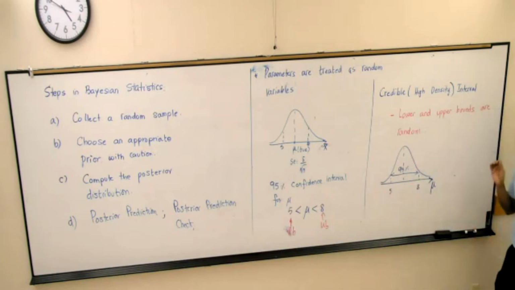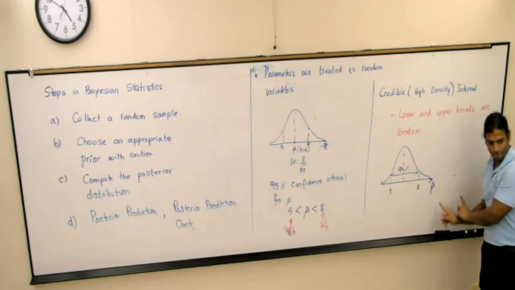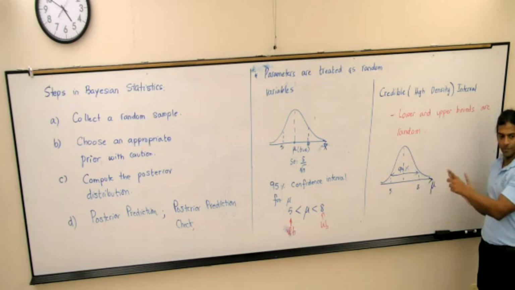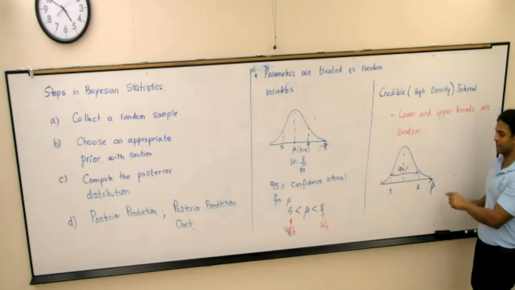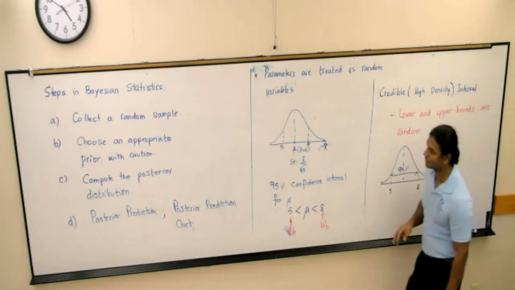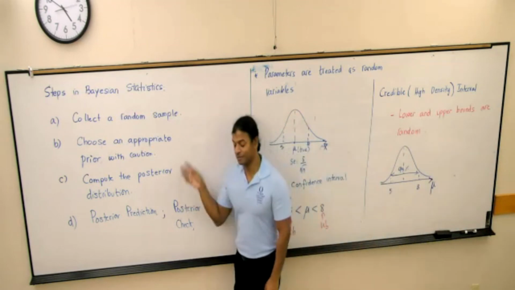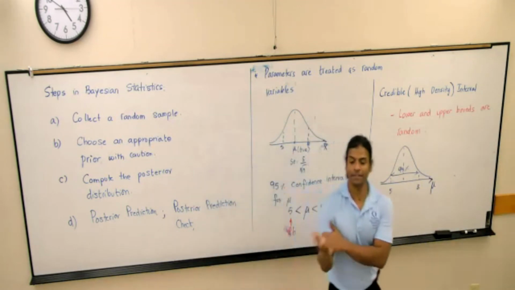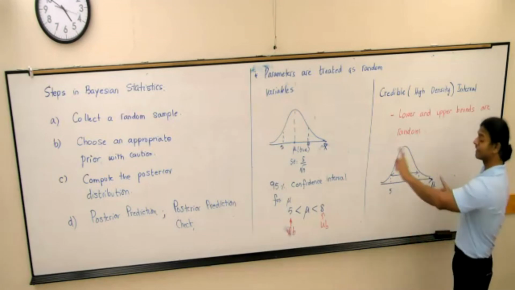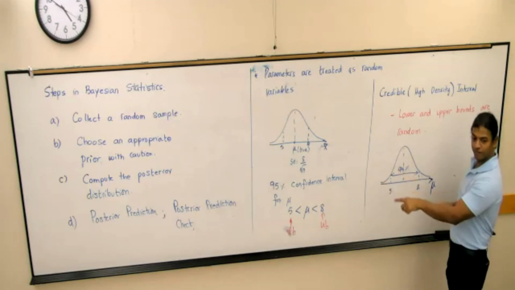With Bayesian, based on the data and the prior, we come up with a distribution for mu itself. So we're coming up with a posterior distribution for mu. That posterior distribution for mu is based on the choice of prior and the data that you bring in. That's the key difference between these two.